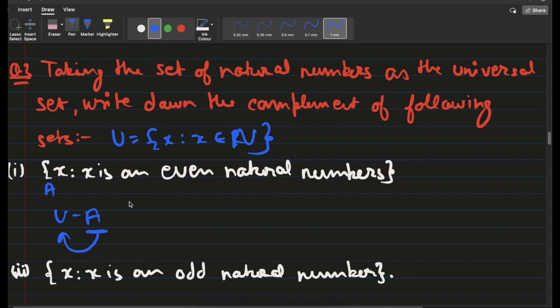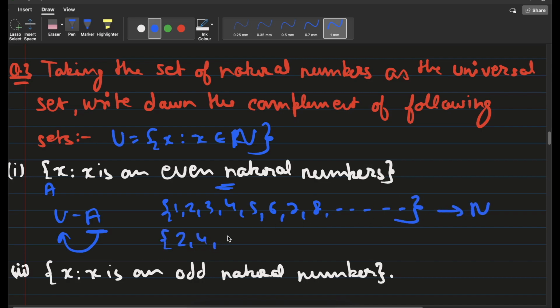So what is A? X such that X is an even natural number. If we remove even natural numbers from our natural number set, what will we be left with? Suppose this is 1, 2, 3, 4, 5, 6, 7, 8, dot dot dot. This is our natural number set, and this is our even natural number set, 2, 4, 6, 8, 10, 12, dot dot dot.